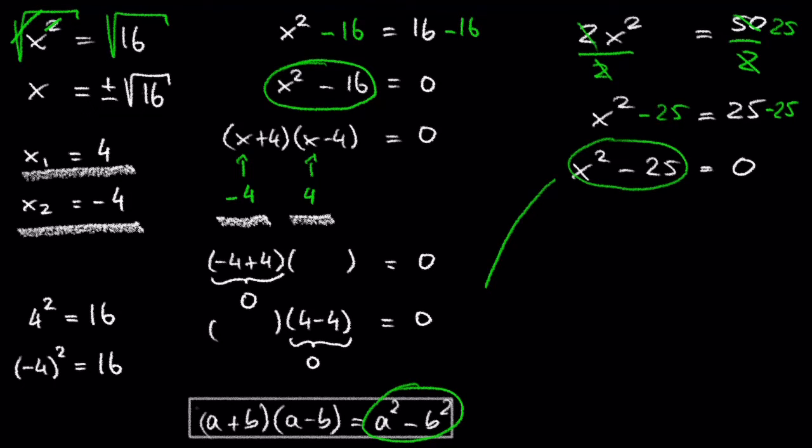The third binomial formula says that we can write this as x plus 5 in parentheses times x minus 5 in parentheses. We see that when x is negative 5, or 5, the equation is true.